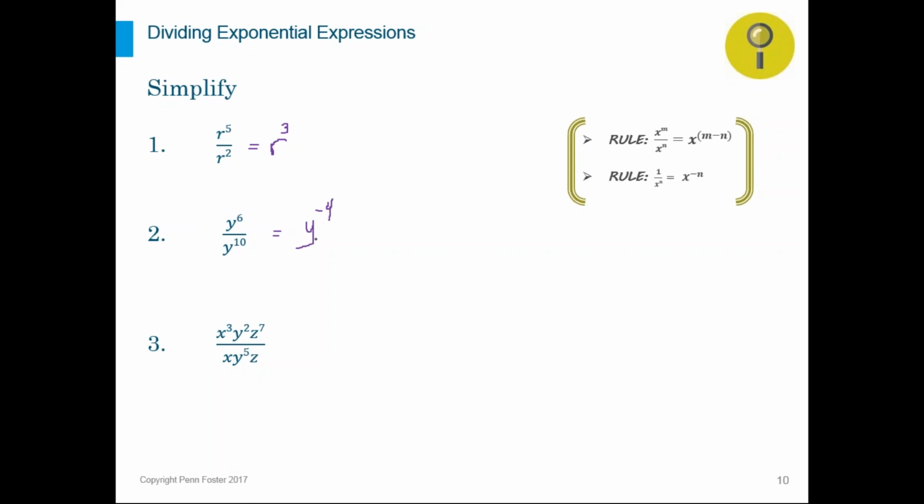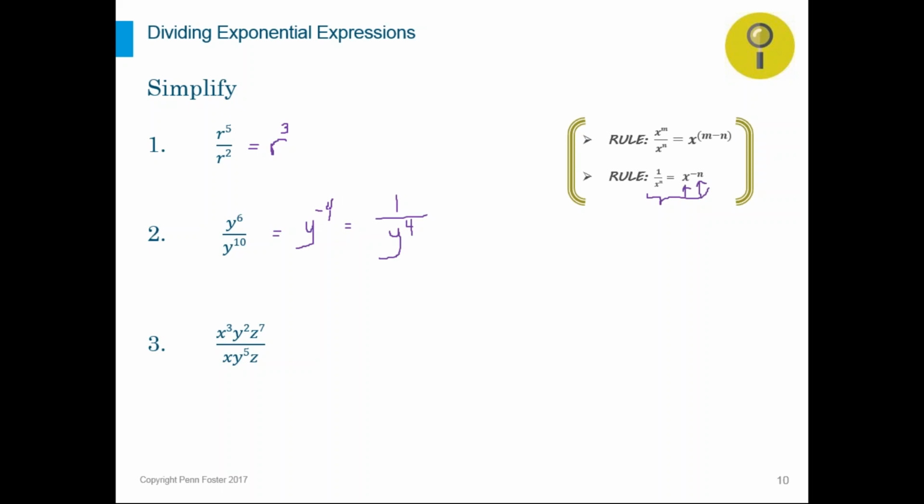Now, any variable raised to a negative power, that answer is not in simplest form. We need to switch it to the simplest form. How can I rewrite this answer in simplest form? Well, I need to follow another rule. This rule says if you have a variable raised to a negative power, you can write it as 1 over the variable with the exponent, and we cancel the negative sign.